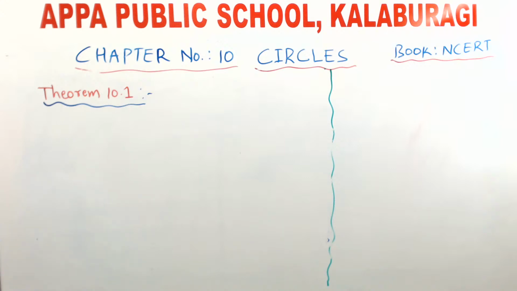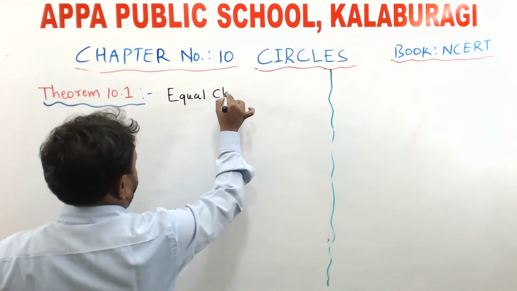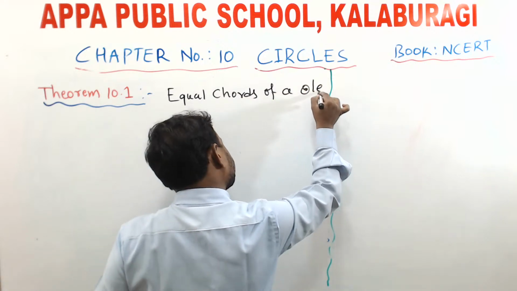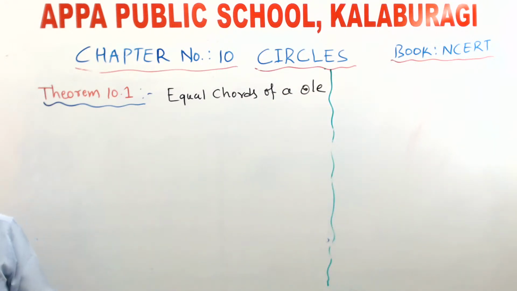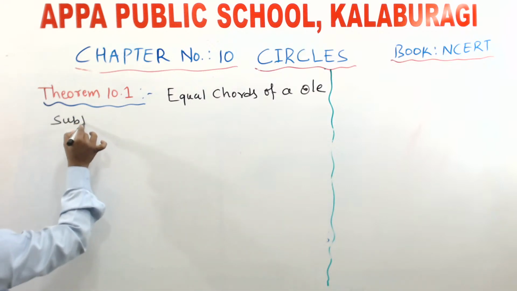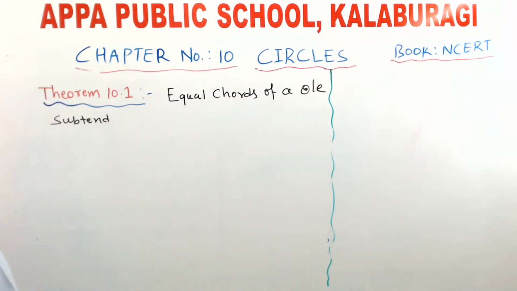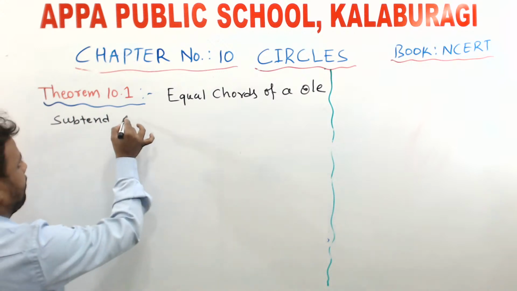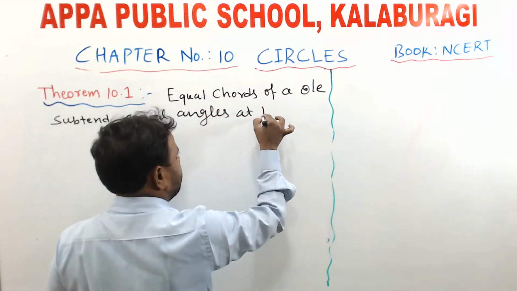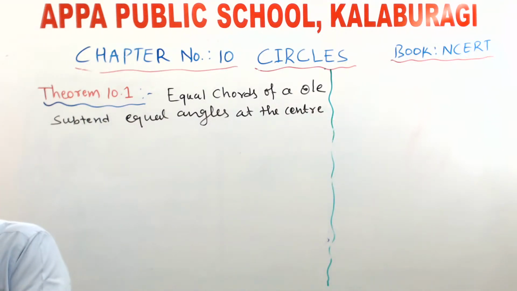Equal chords of a circle subtend equal angles at the center. First I will go for the diagram.